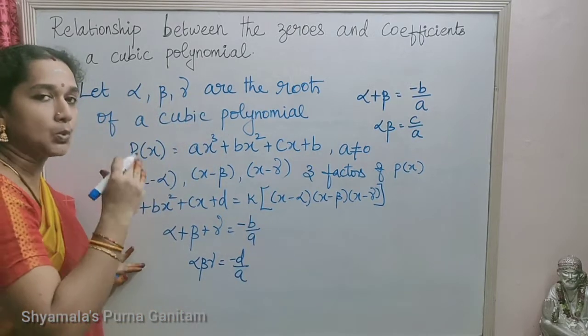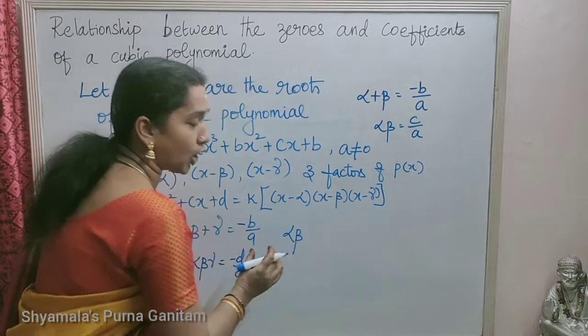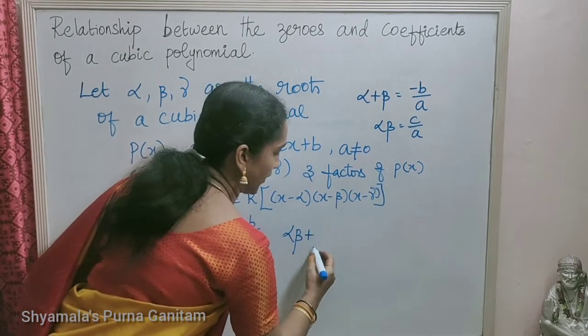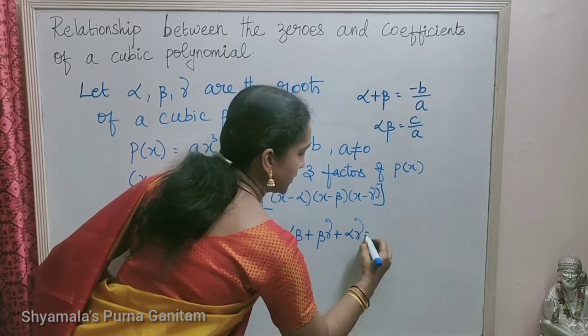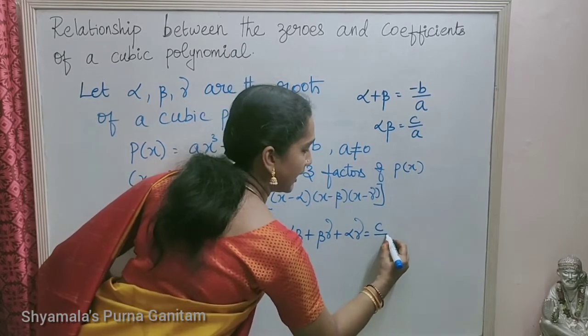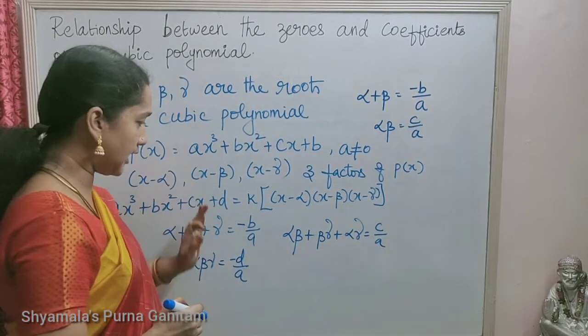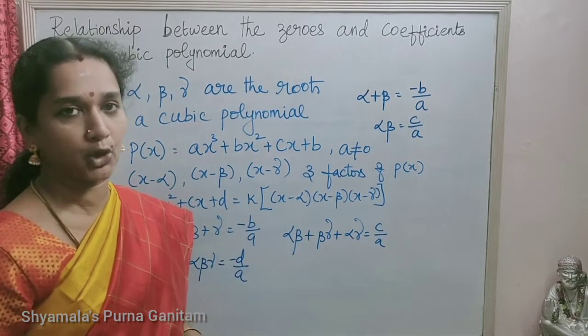One more relationship you get is the product of any two roots taken at a time, that is alpha beta, beta gamma and alpha gamma, and the sum of these is c by a. So this is the relationship between the three roots and the coefficients of the given polynomial.